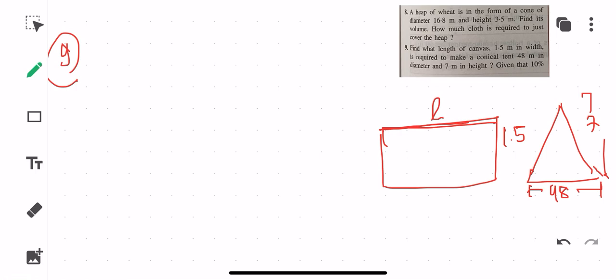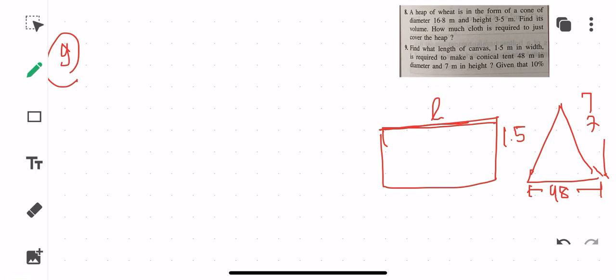So first we will be calculating the curved surface required, and then, since 10% is still more required, we will be finding out 10% and adding it to get the answer.